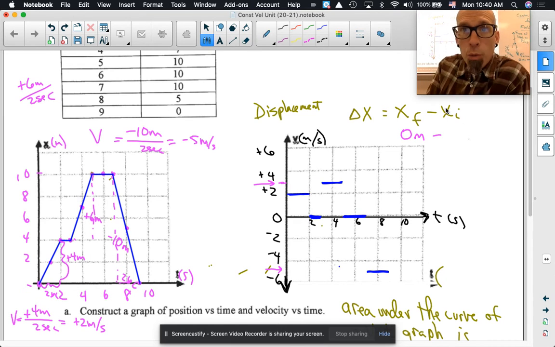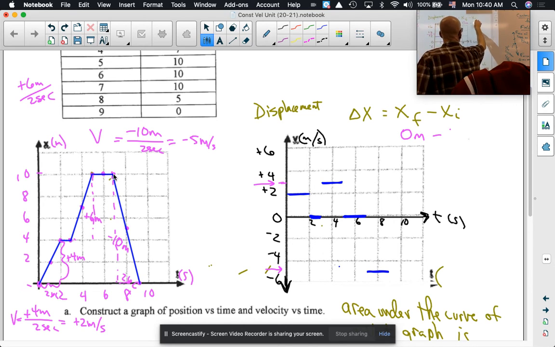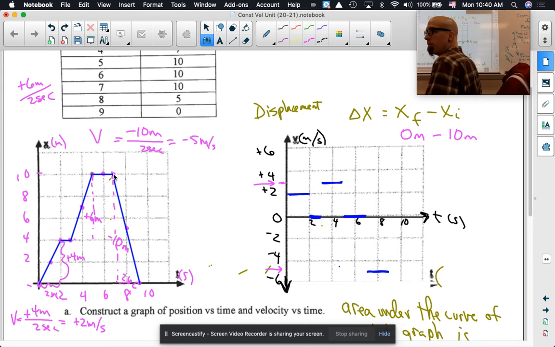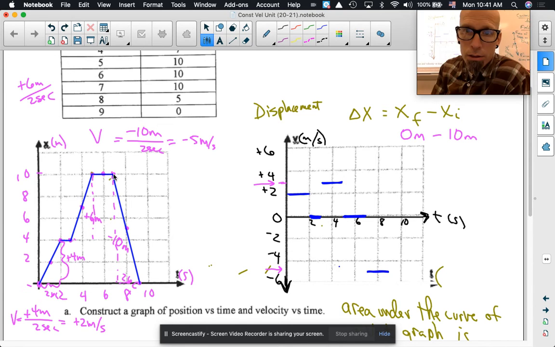Where was the initial position? It started at 7 seconds. It was at the 10 meter position at the beginning of this time interval. So what's 0 meters minus 10 meters? Negative 10 meters of change.